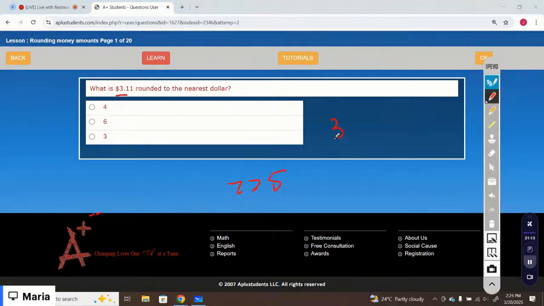So 3 is the whole number, and right next to 3, we have 1. 1 is less than 5, so you need to round on the same whole number and replace the other digits with 0.